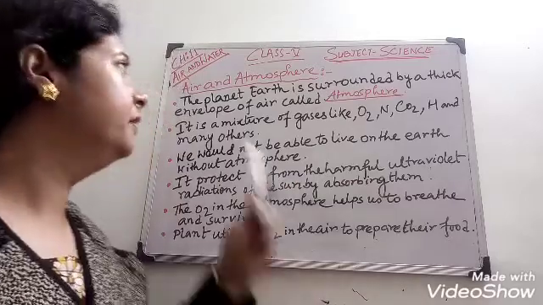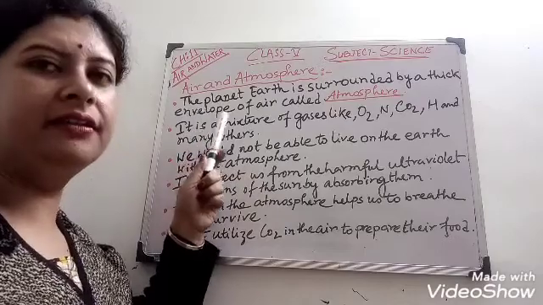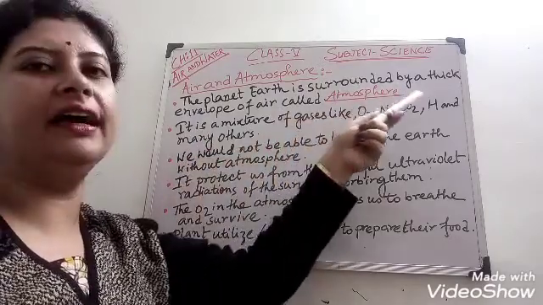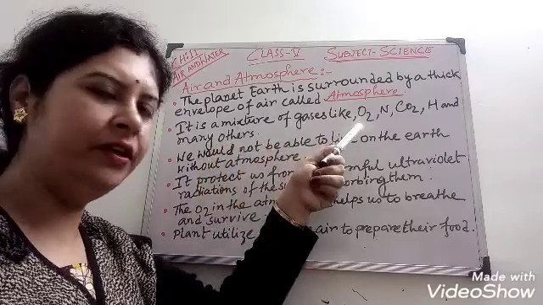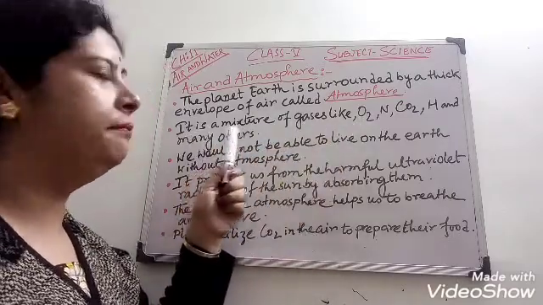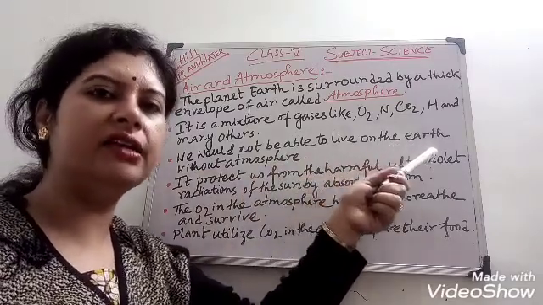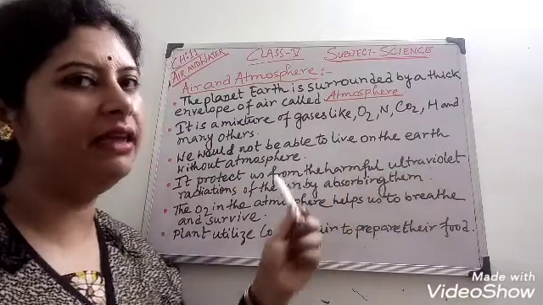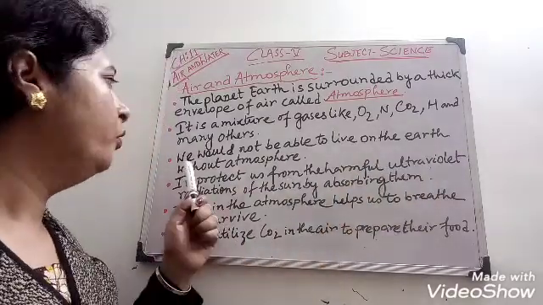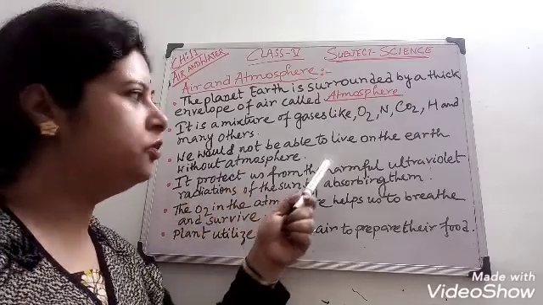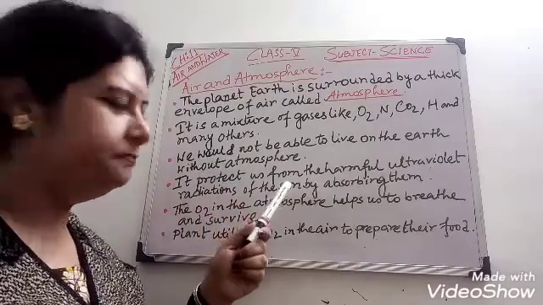Our next topic, air and atmosphere. First, the planet Earth is surrounded by a thick envelope of air called the atmosphere. It is a mixture of gases like oxygen, carbon dioxide, nitrogen, hydrogen and many other gases like argon, neon, etc. We would not be able to live on the earth without the atmosphere.